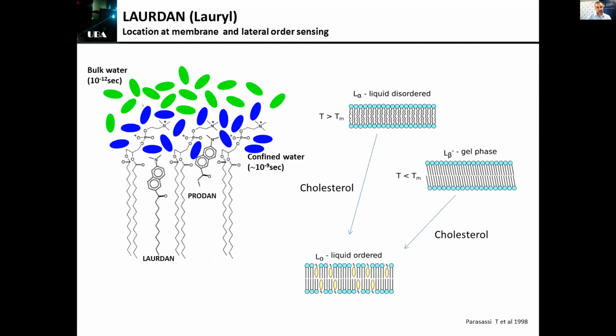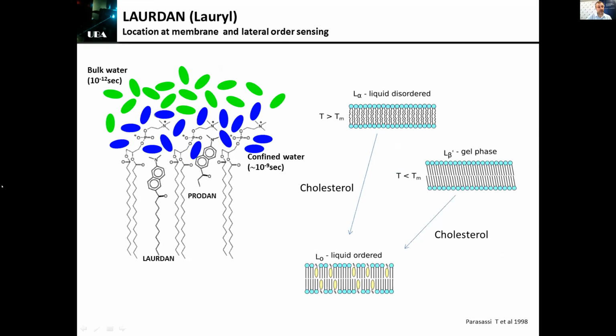So this was what I was trying to illustrate. And the point that I want to make is, if you modify the Laurdan with any kind of different structure, this will move Laurdan up and down in the location in the membrane, and in the end you will be sensing different things.